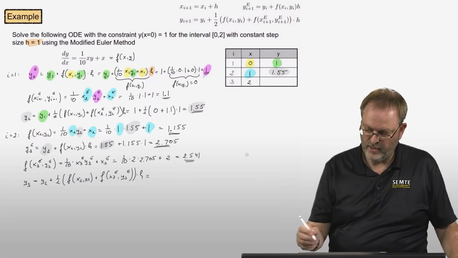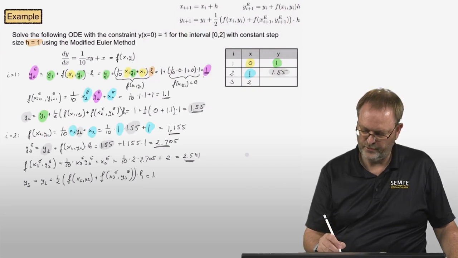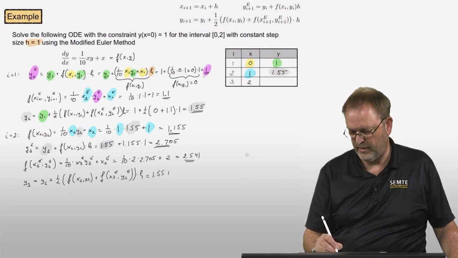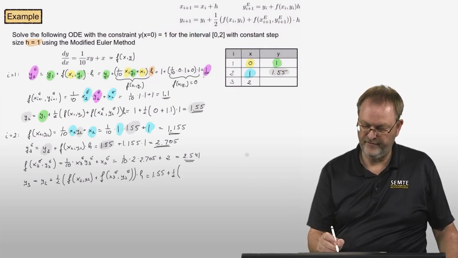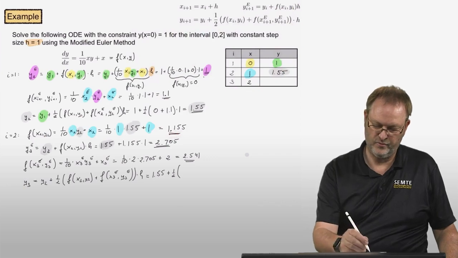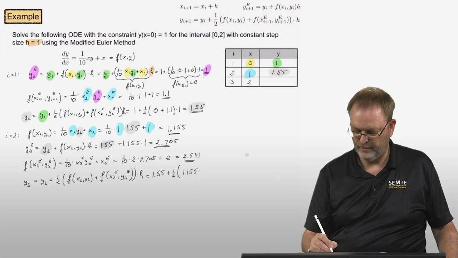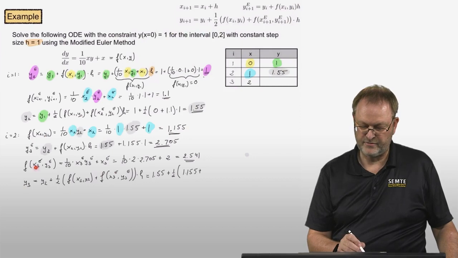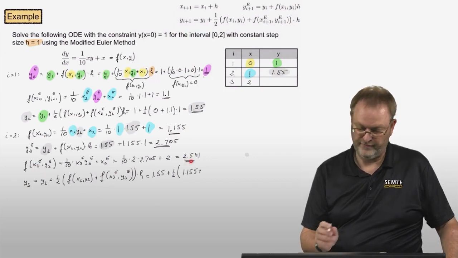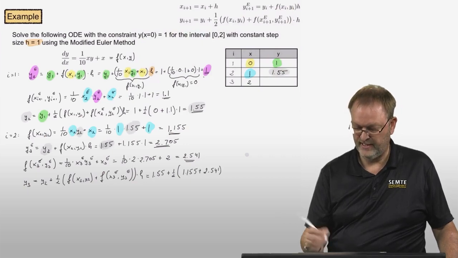So my y2 was equal to 1.55 plus 1/2 times f, so the f is this one right here, x2, y2, so 1.155 plus the f evaluated using this x3, y3 Euler point, that was 2.541, times h, which is equal to 1.